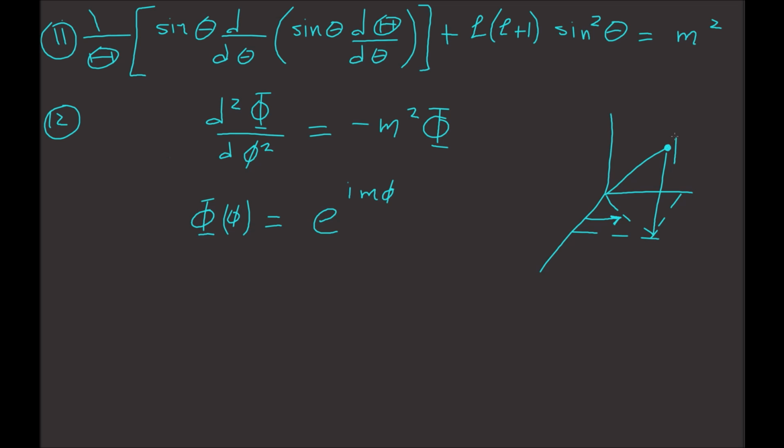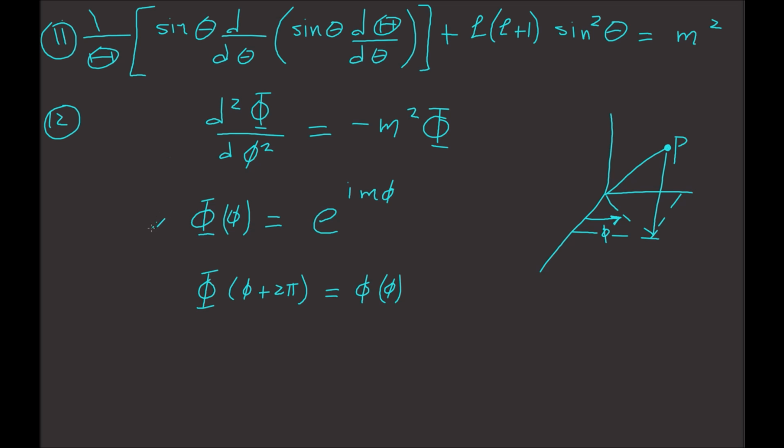So if this is the point in space, or the electron, and this is phi, if you start here and add 2 pi to it, you come back to the same place in space, which means that phi of phi plus 2 pi is the same thing as phi of phi, right? So if you start at some value of phi and you add 2 pi to it, you get to the same place.